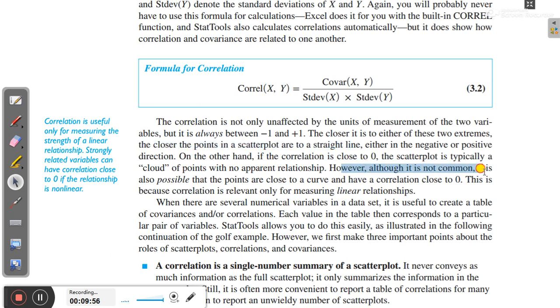However, although it is not common, it is also possible that points are close to a curve and have a correlation close to 0. This is because correlation is relevant only for measuring linear relationship. This is very important part. Correlation is relevant only for measuring linear relationship among the variable. Okay, so that is about correlation.